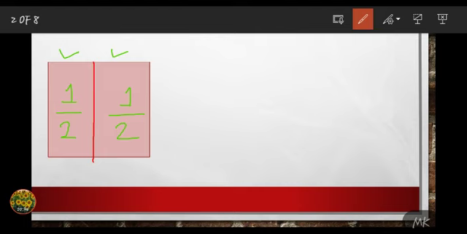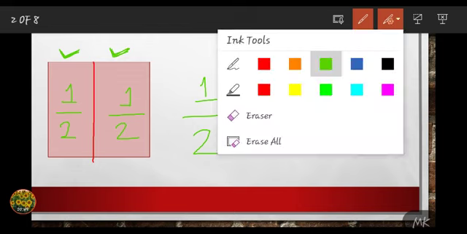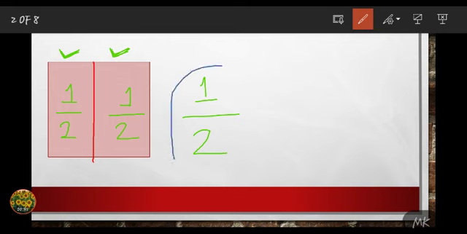That means one part out of two equal parts, right? This is one part of two equal parts. This is also one part of two equal parts. Then this form of number is called fraction, in which one number is written at the top and another number is written at the bottom.